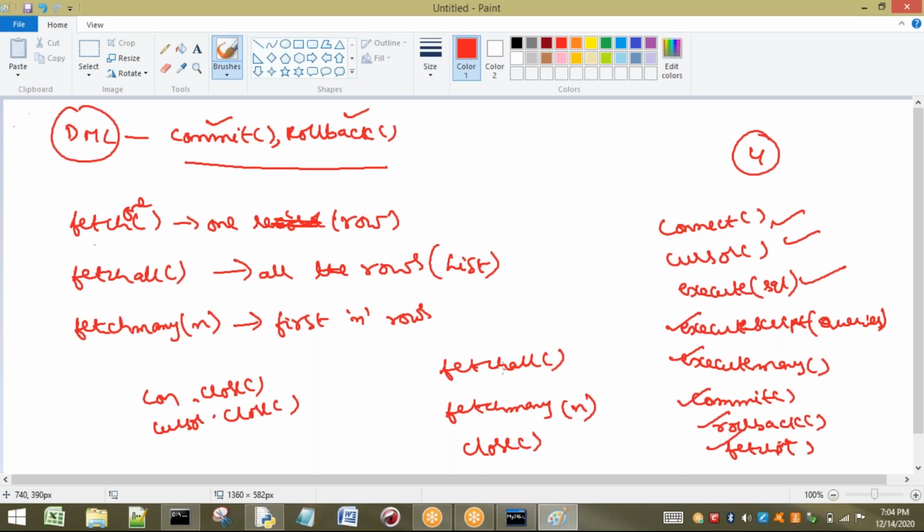Fetch one is for fetching only one record. Next one fetch all, fetch many, and last one is close. These are not specific to any of the databases. They can be applied on any type of database. These methods won't change from database to database. It is the same for all the databases.